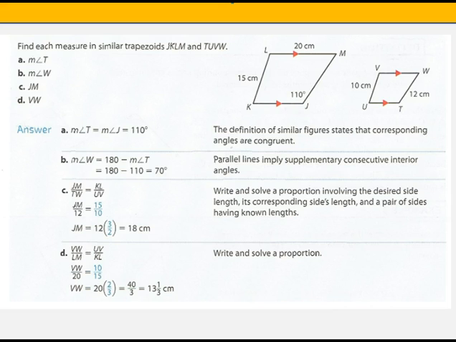So as an example, if I look at every one of these sides, the only set of sides that has figures for both sides that are similar are these two.